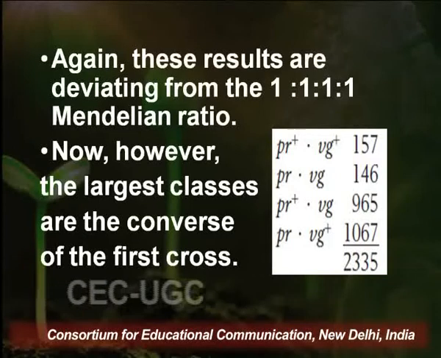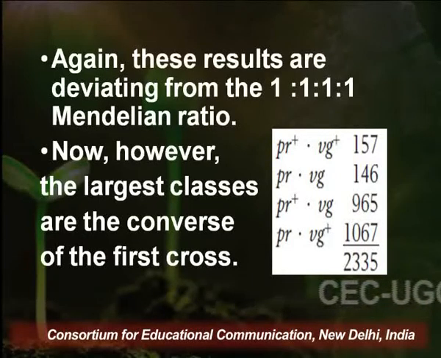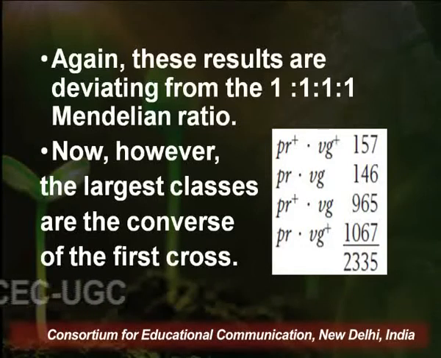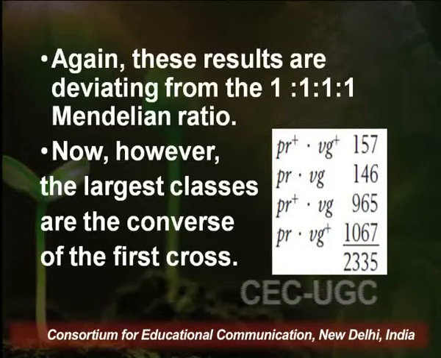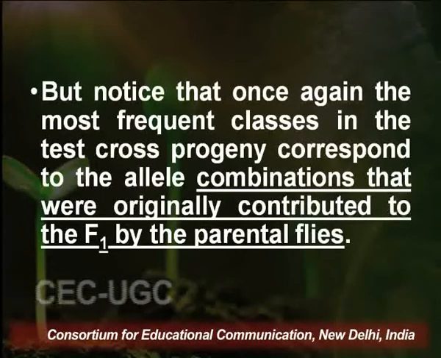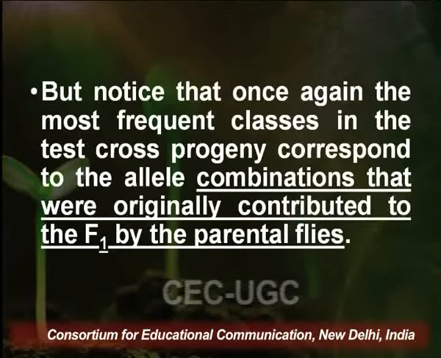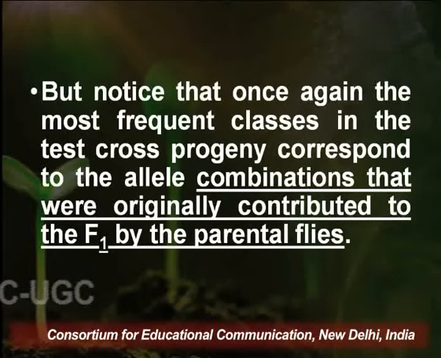Now, this is a recombinant, and likewise another class is of vg and pr+, that is of the red-eyed and the normal wings. Now, this is converse to the first cross. So that means the most frequent classes again would be based on the combinations which were originally contributed to the F1 by the parental flies.